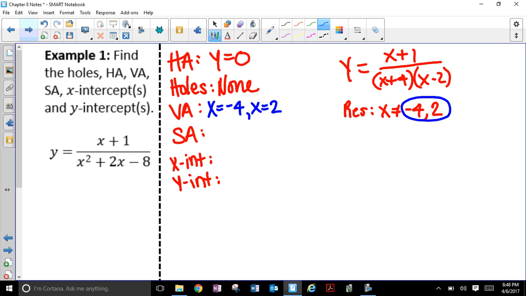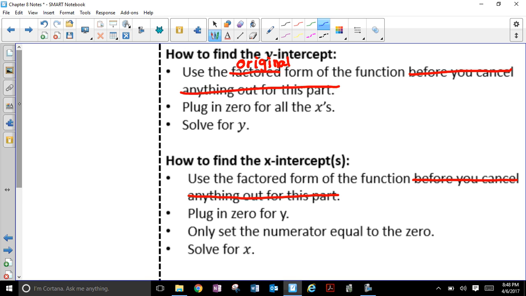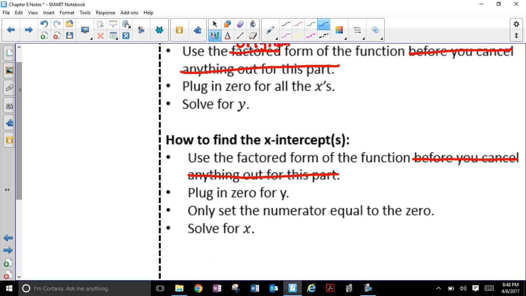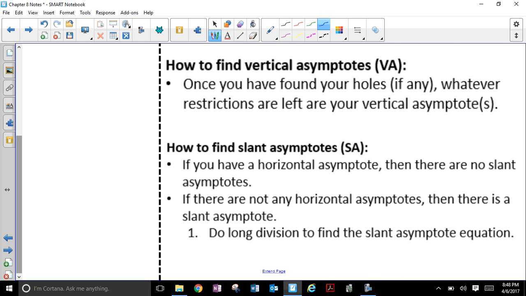Okay, now let's look at SA, how we find the slant asymptote. Where's that? There it is. I missed that earlier. Okay, so slant asymptote means that it would be an asymptote that is slanted and the graph gets closer and closer to it. So here, first one says if you have a horizontal asymptote, then there are no slant asymptotes.